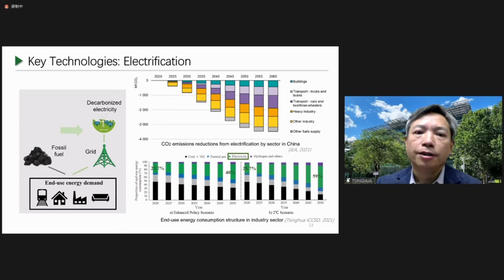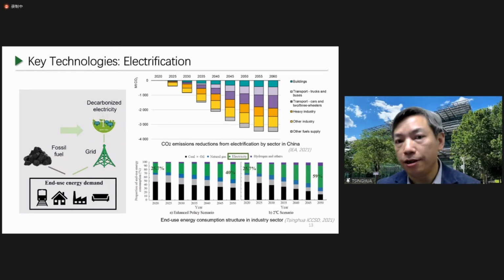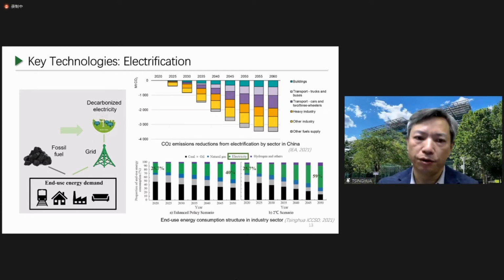Among them, the largest share of over 45% occurs in industry sectors, followed by transportation and the building sector. In 2020, the current status, the total electrification rate is about 27%, and it is predicted to rise to 40 to 60% in 2060 under different scenarios. So that's a huge increase in the future for this technology.